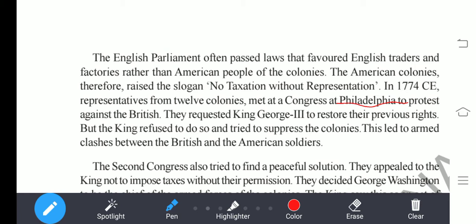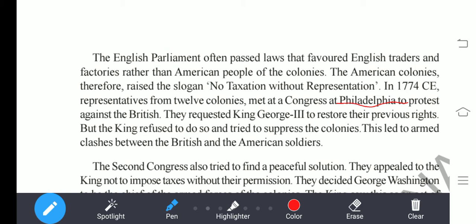It is a meeting of delegates belonging to the 12 colonies of America. Don't think that it is a political party here. Simply keep in mind it's a meeting.